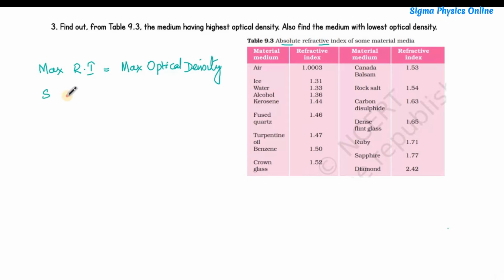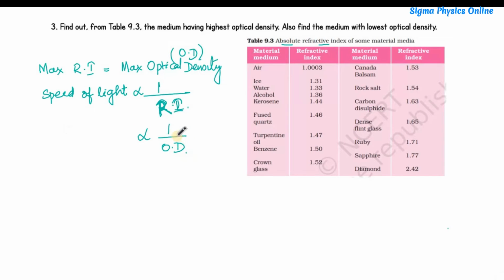That is, the speed of light is inversely proportional to the refractive index of the medium, or inversely proportional to the optical density of the medium. The medium whose refractive index is maximum, the speed of light will be minimum in that medium. That is, light will travel the slowest.